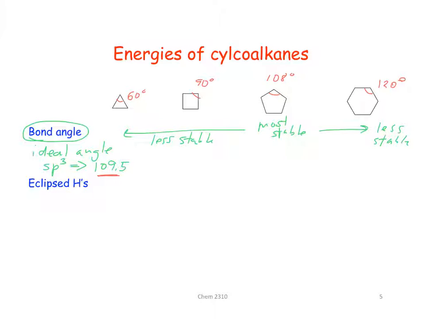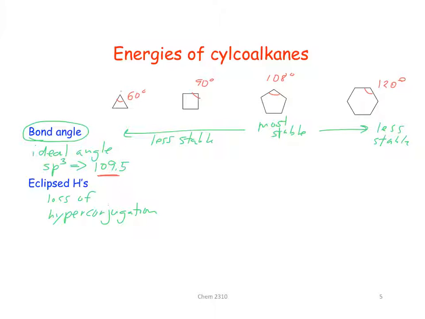Okay, so the next thing has to do with eclipsed hydrogens. Really, it's not so much the eclipsing, but it's the loss. When we have eclipsed bonds, we have a loss of what we call hyperconjugation. So the more eclipsing we have, the more loss of hyperconjugation. So let's think about how many eclipsed bonds there are.